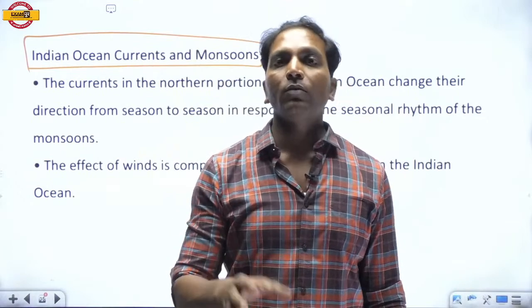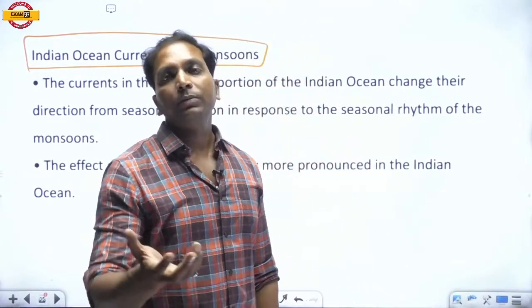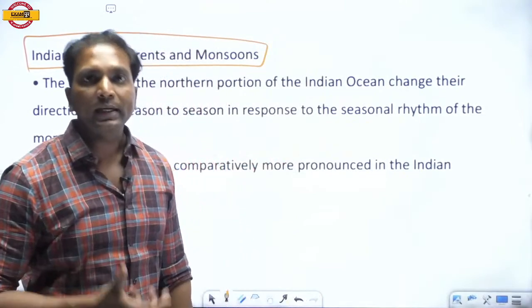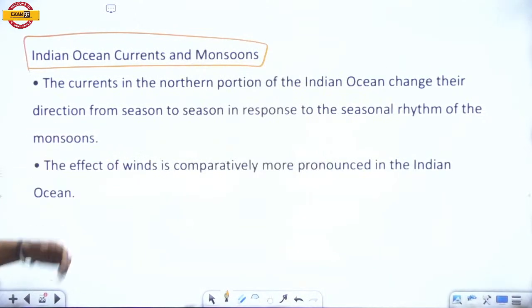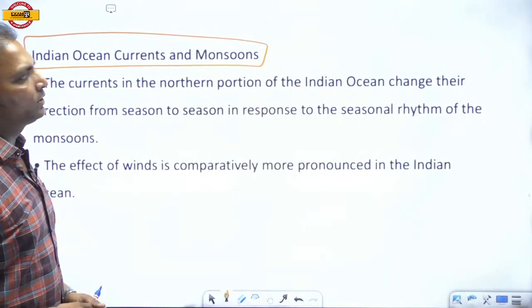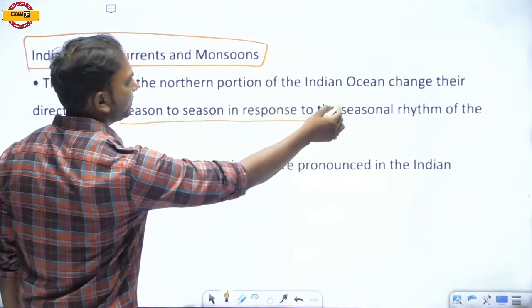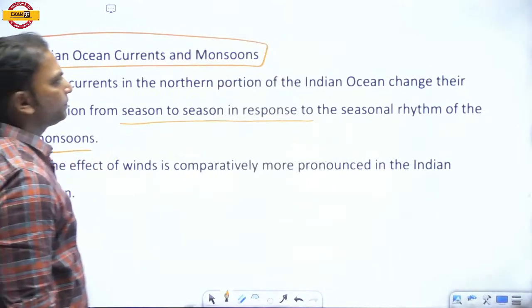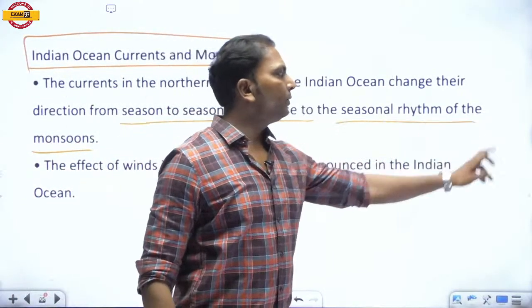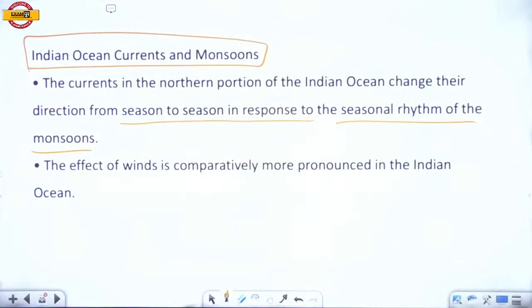The oceanic water acquires the direction of these winds because of the friction caused by them. So the currents in the northern portion of the Indian Ocean change their direction from season to season in response to the seasonal rhythm of the monsoons.